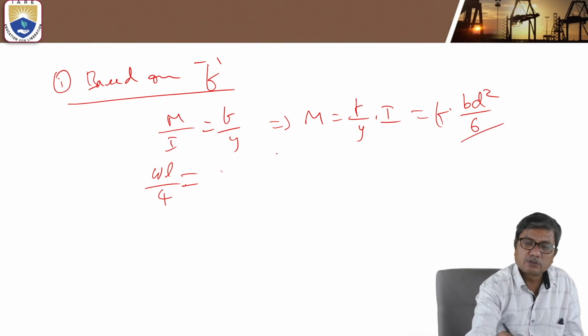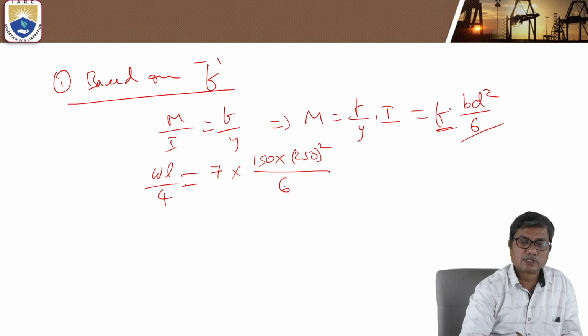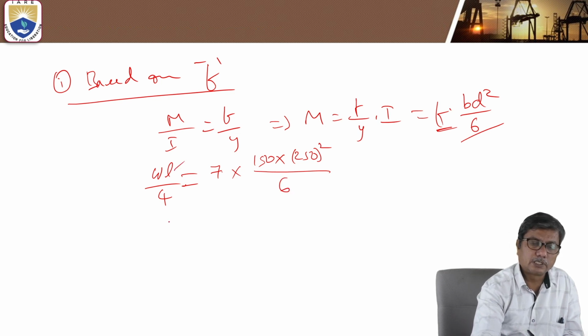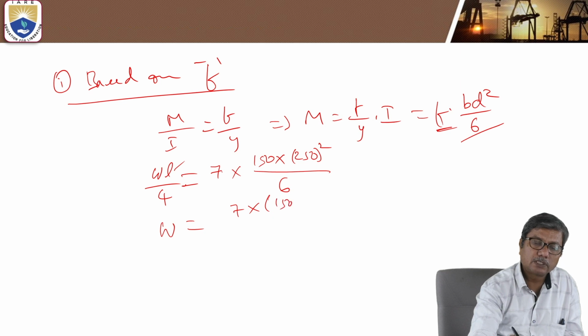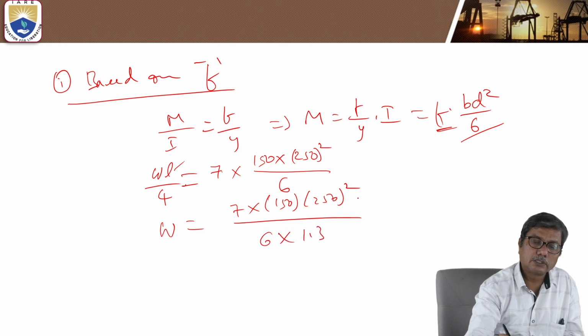So the limiting value of bending stress is 7, width is 150, depth is 250 square by 6, and span is 1.3 meters. This gives W as 7 into 150 into 250 square by 6 into 1.3 into 4.